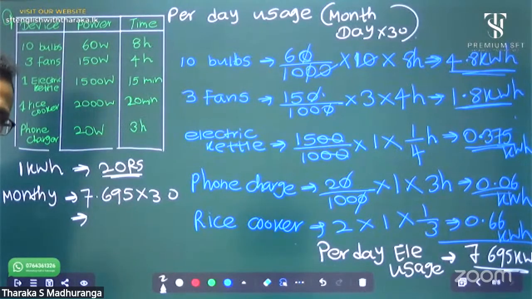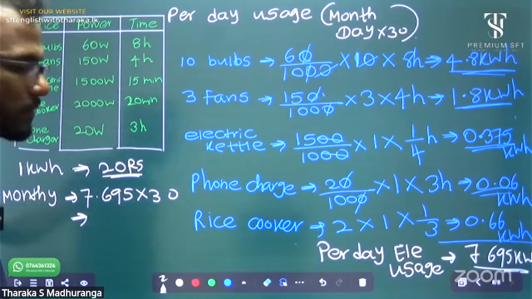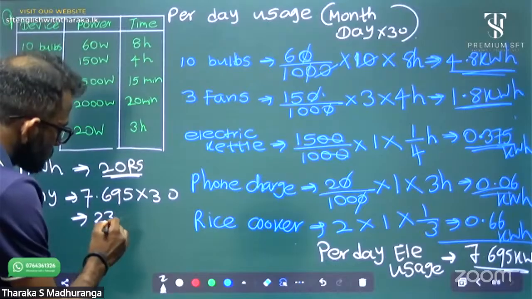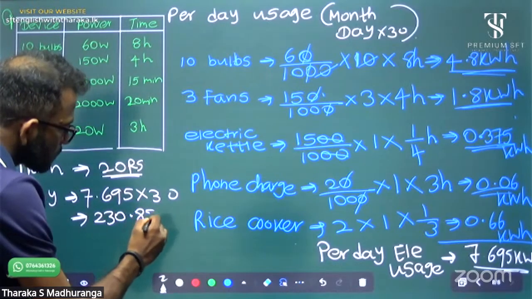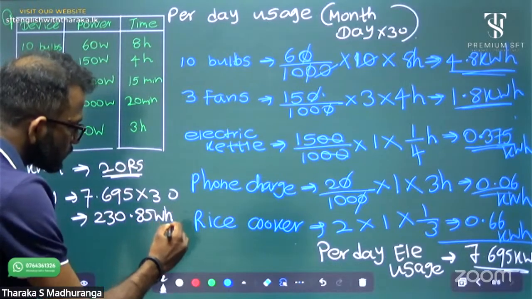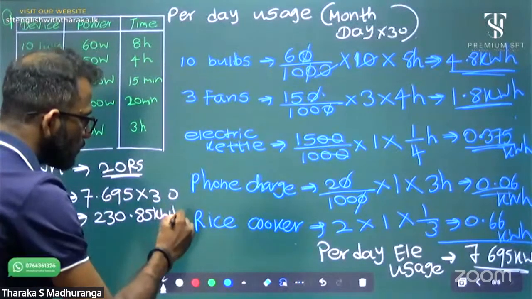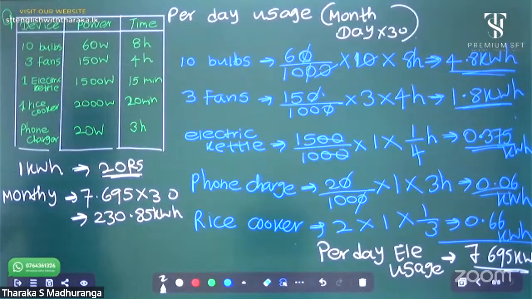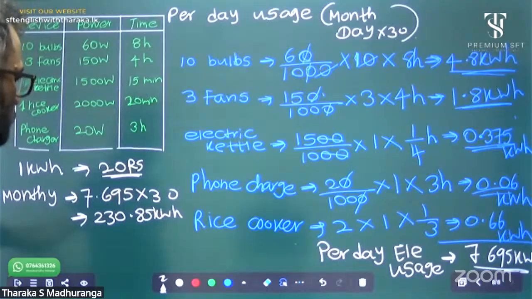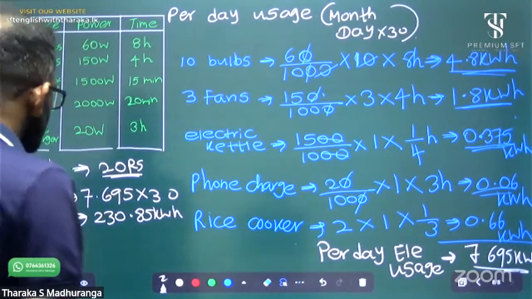Use calculators. 230.85 kWh is the monthly consumption.